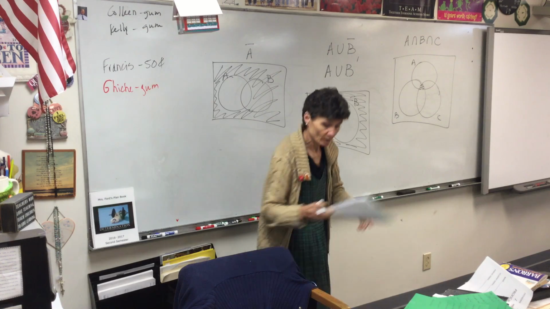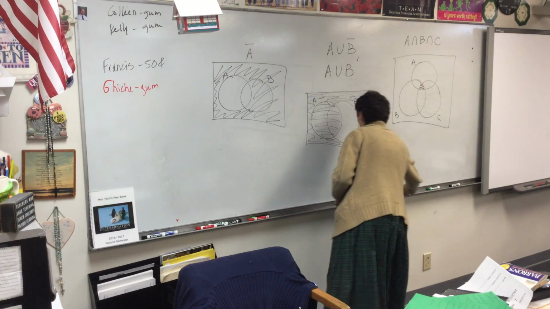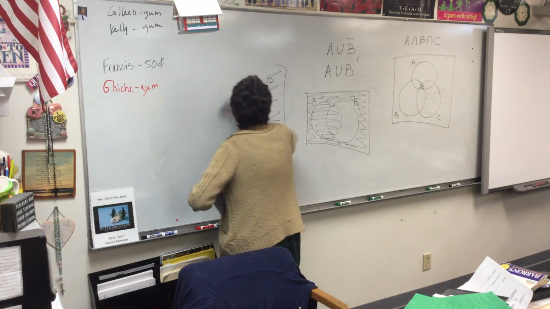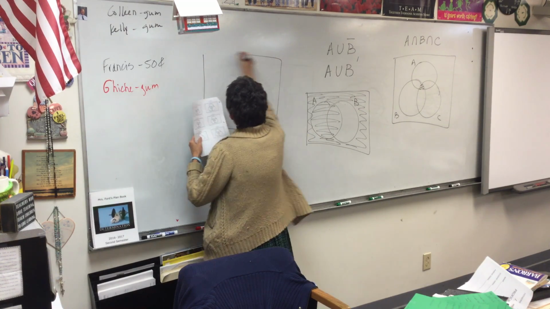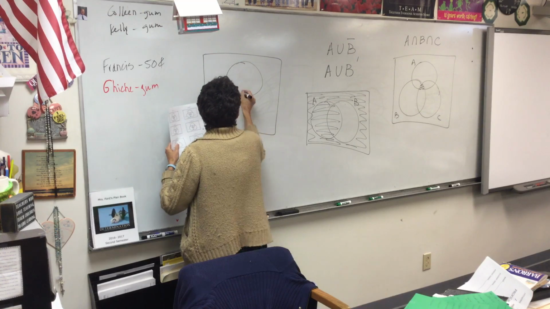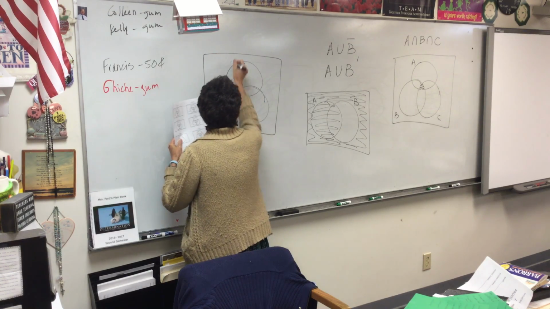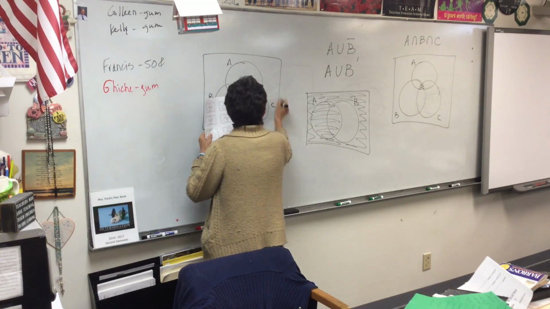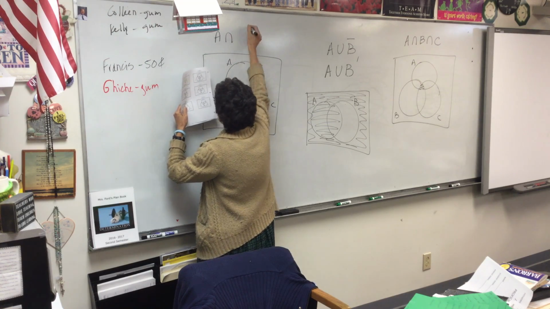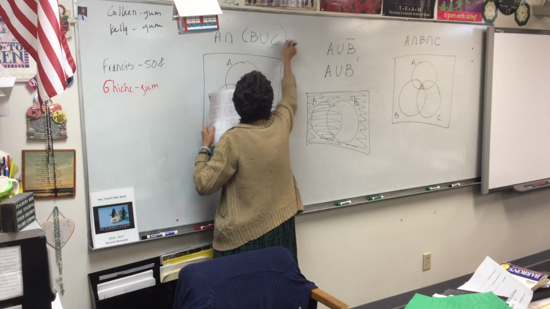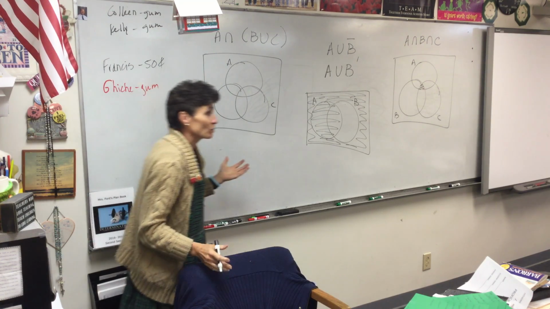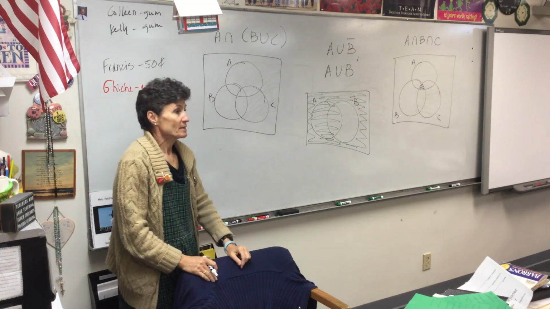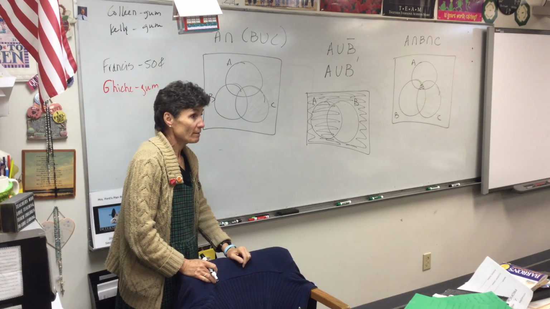So now we'll go down, we'll do the last one. The last one on the page. And it says, okay, now, as with all mathematics, we start in the parentheses, right? That's just what we do.